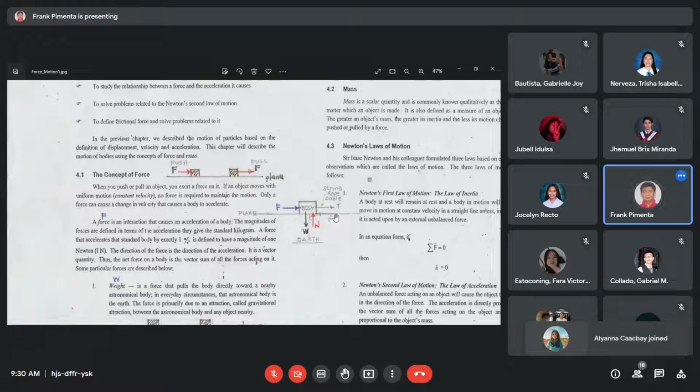Friction, small f, is pointing, the two surfaces rubbing or interacting with each other and opposes the motion of the object because the object or the body is moving to the right. So, to the left yung friction, small f. And if there is string, rope, or cable attached to the body, the force is called tension. It is a pull.